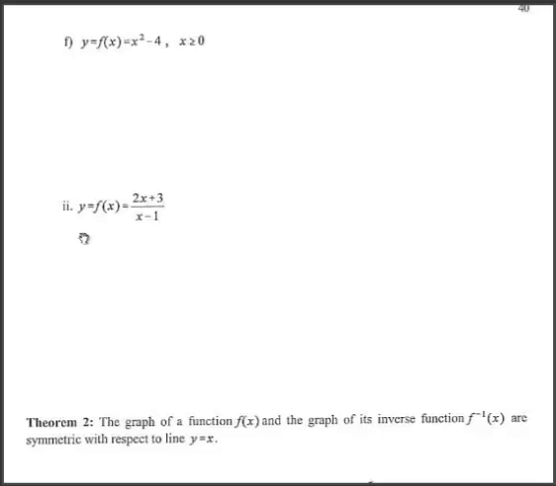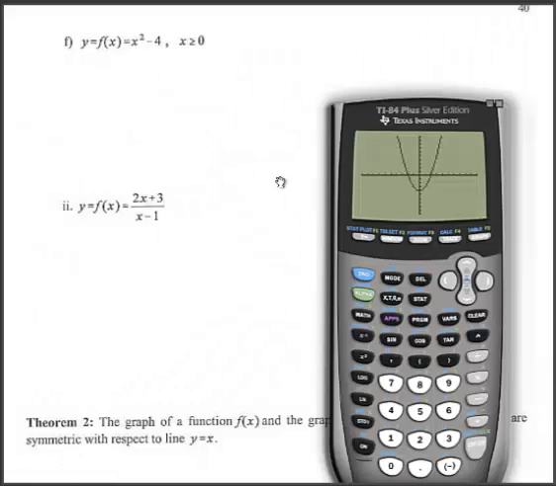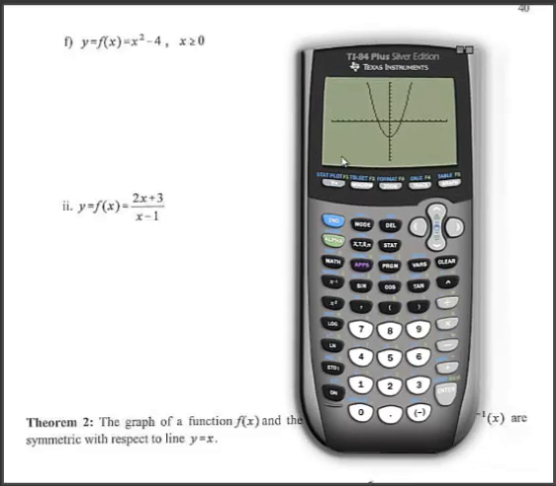Okay, the second function, again, it's called f, and we have y equals 2x plus 3 over x minus 1. f of x is a function. If you have any doubts, we could take our calculator and plot it just to verify.